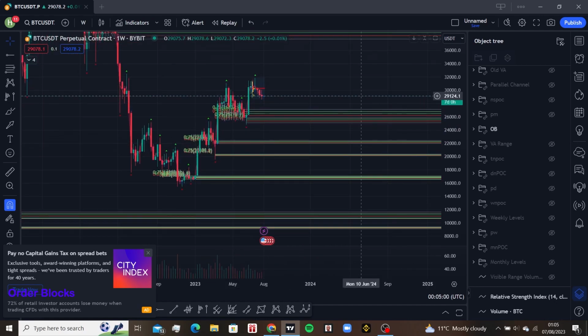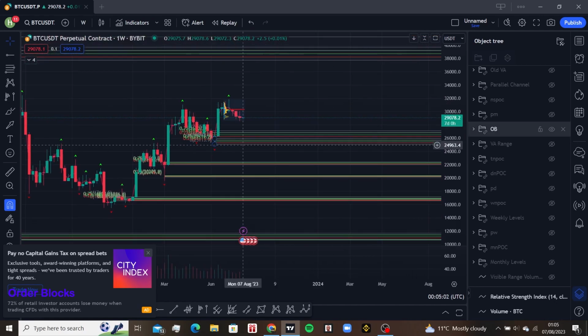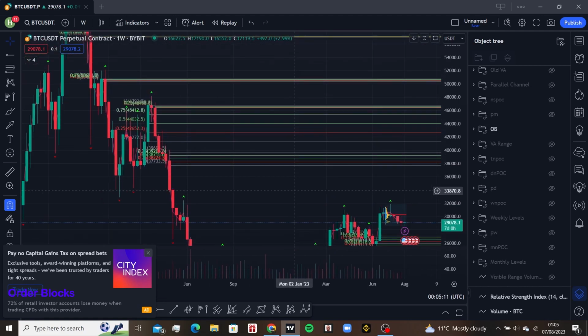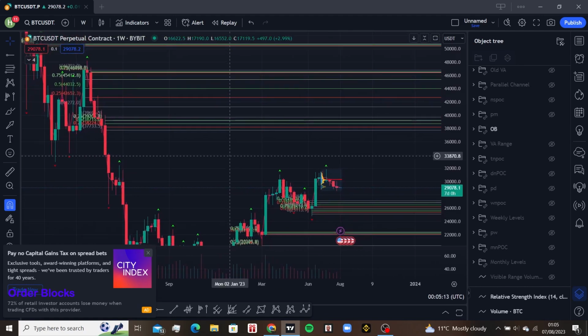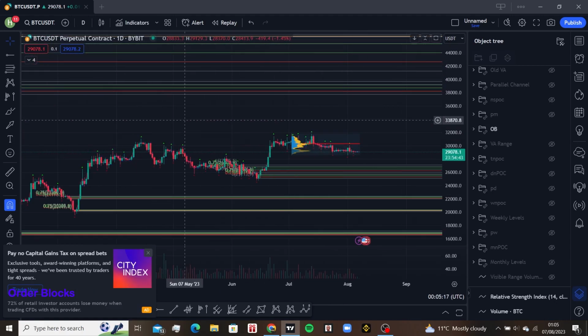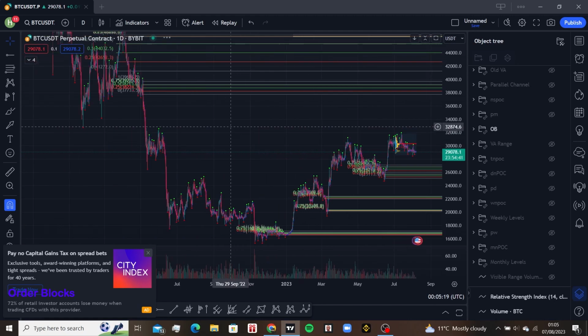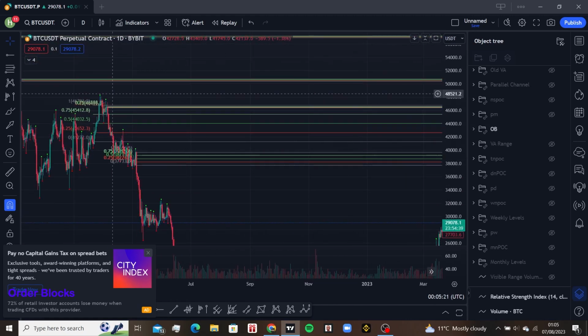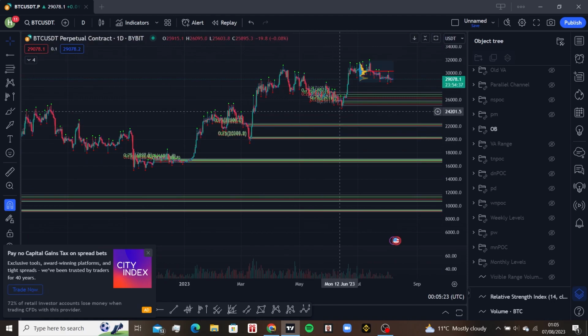Again, as you can see, the last down before we go up, last down before we go up, last down before we go up. Next, go down to our dailies. As you can see, there's quite a few up here and down here.